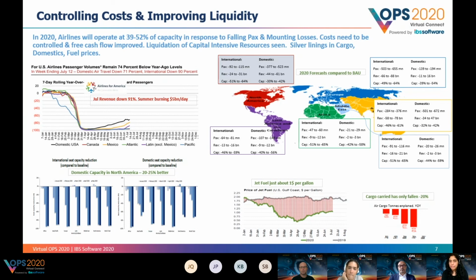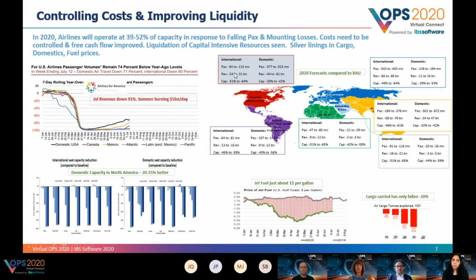And the repurposing to cargo has also helped. It is approximately 20% below the 2019 levels. I have data only till April, to say that in April it was around 21% below. But still, the repurposing to cargo is really helping the industry, or that's something that's helping the cost side of things.